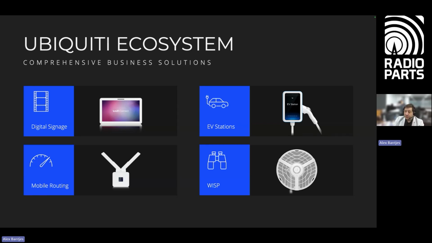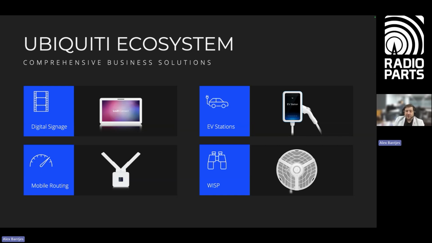And then a relatively new segment to Ubiquiti as well is their mobile routing. This is to compete with, you guys will know the big brands out there, but basically 4G, 5G solutions. The first product offering that they have is going to be more of an industrialized version. The version shown on screen is an older version, which we're not really going to cover.